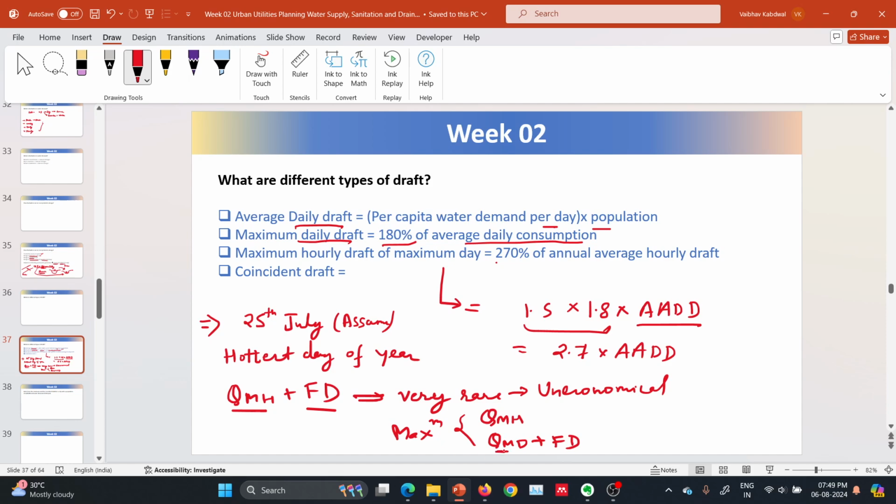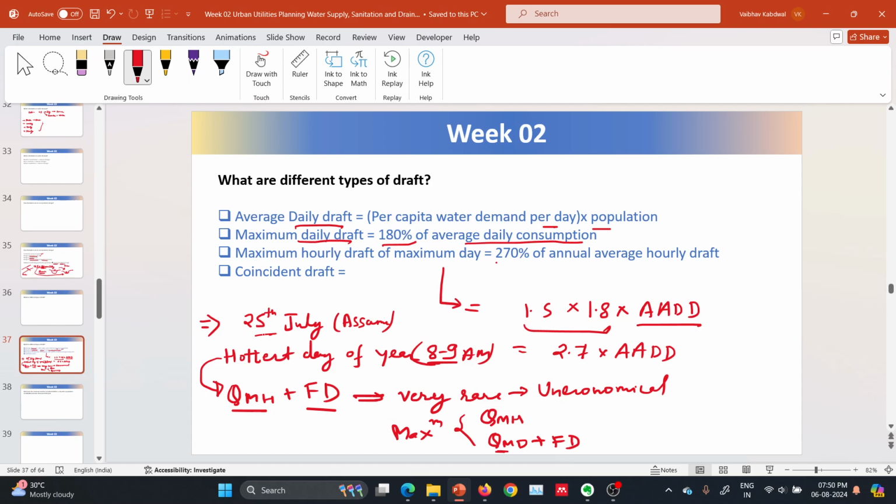So on the maximum day, not on the maximum hour, on 25th July, let's say 8 to 9 a.m. is the highest demand. The fire may break out on 25th July, but not at this hour when there is maximum demand.